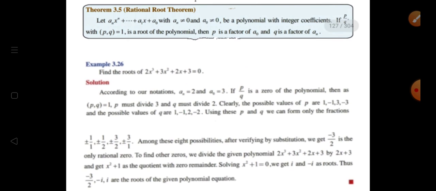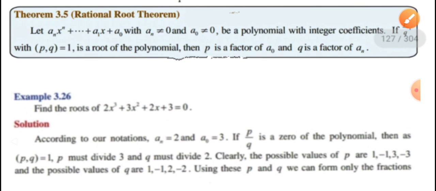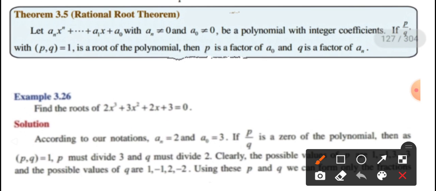Now listen. First, we are going to discuss Theorem 3.5, the rational root theorem. What does the rational root theorem say? Let a_n x^n + ... + a_1 x + a_0, with a_n not equal to 0 and a_0 not equal to 0, be a polynomial with integer coefficients.